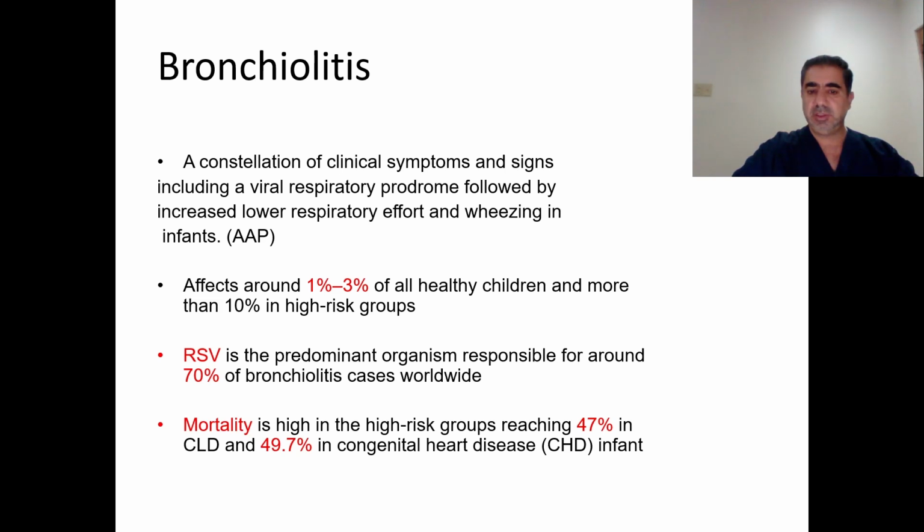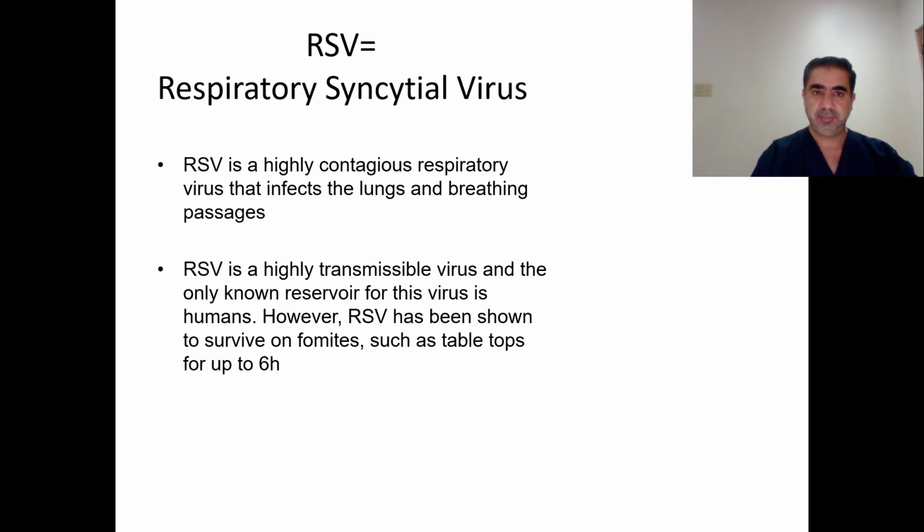RSV is the predominant organism responsible for around 70% of bronchiolitis cases worldwide. The mortality of bronchiolitis is high in the high-risk groups, reaching up to 47% in chronic lung disease and around 49.7% in congenital heart disease infants.